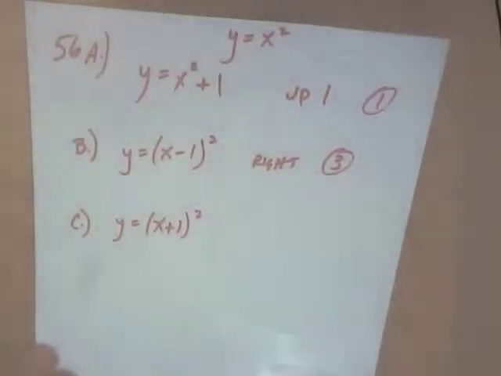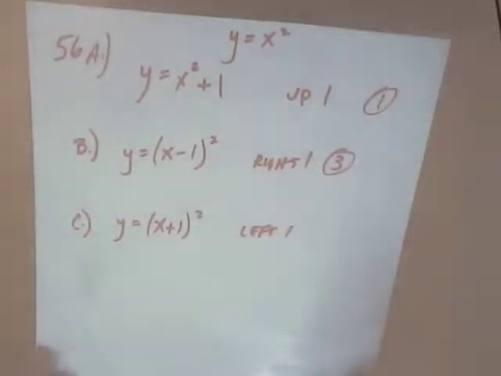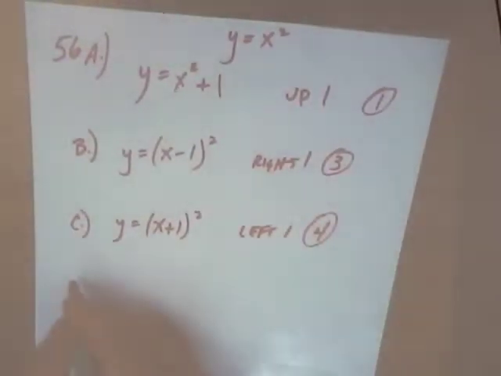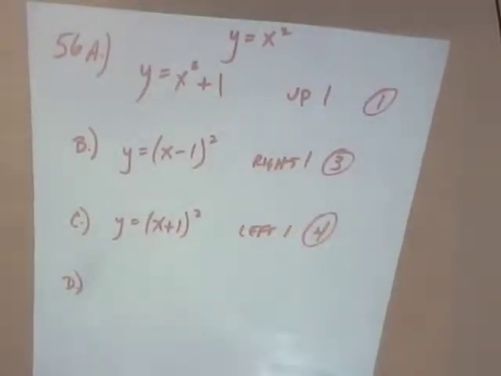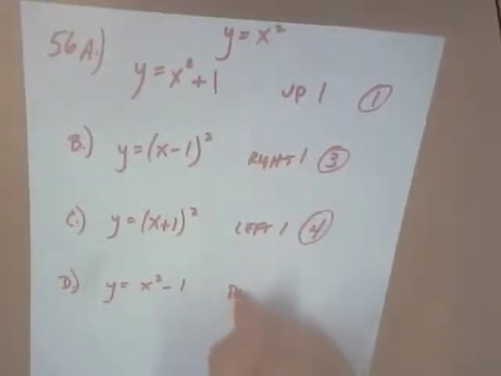What's that going to do? Left 1. So that is number 4. And D, y equals x squared minus 1. Down 1. That is number 2. Any questions on 56?